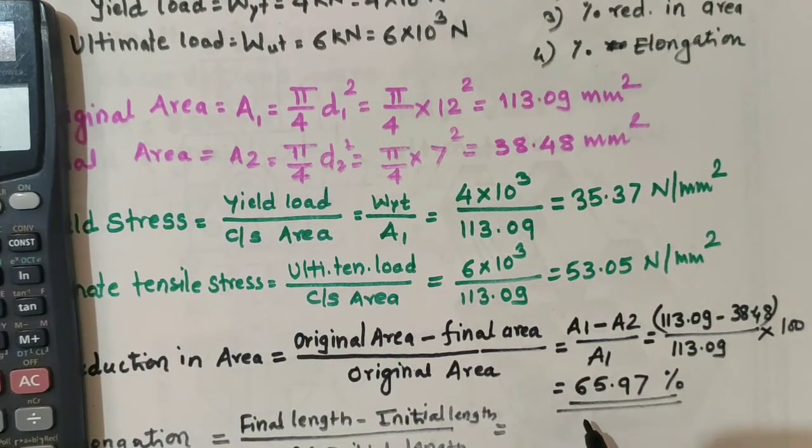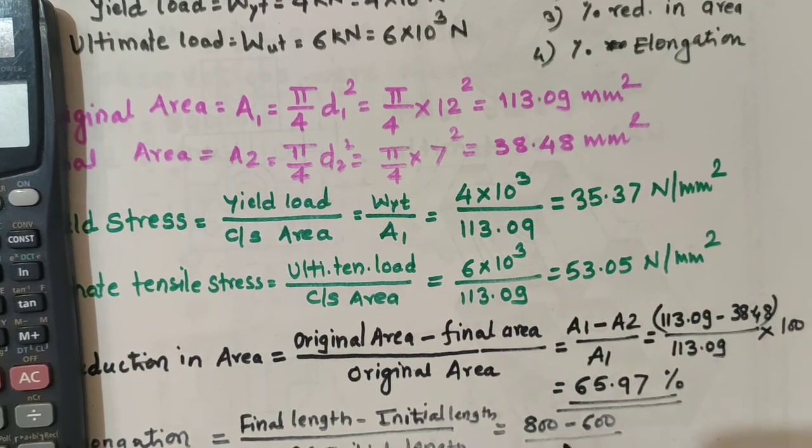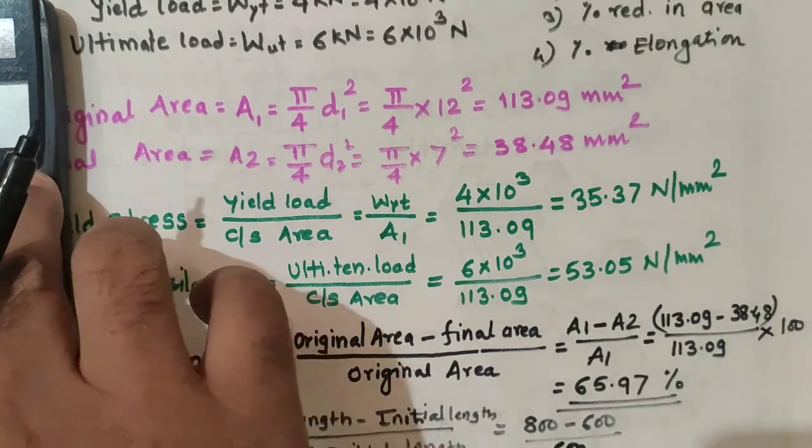So the final length is 800 minus initial length 600, upon initial length 600, because elongation is on the initial length.